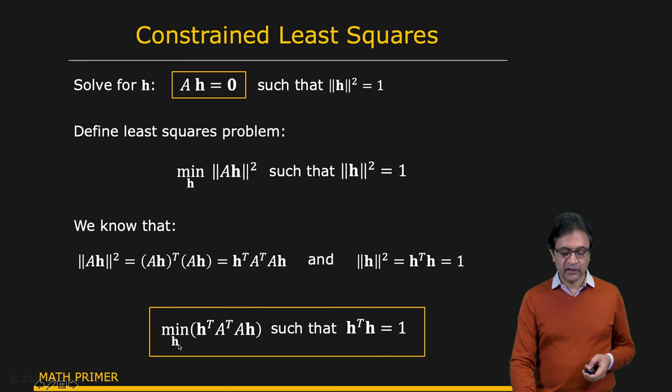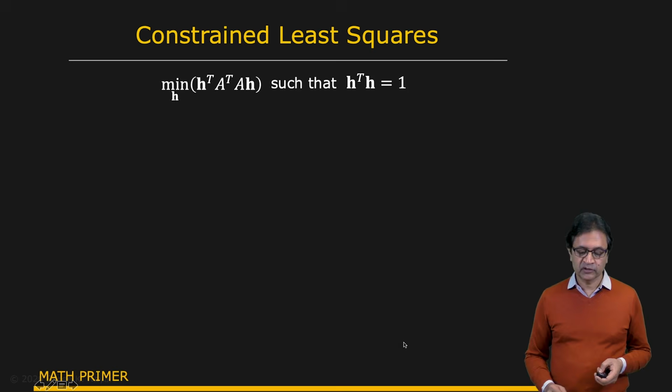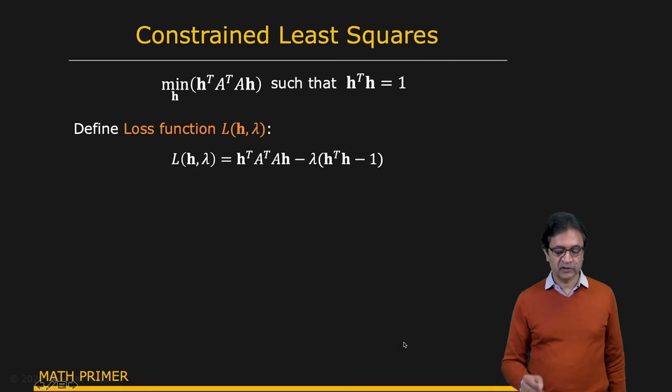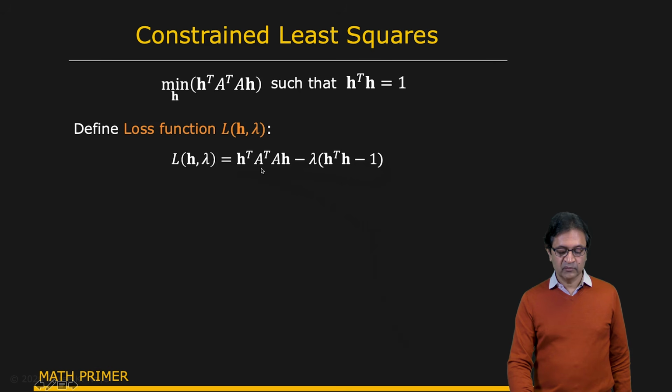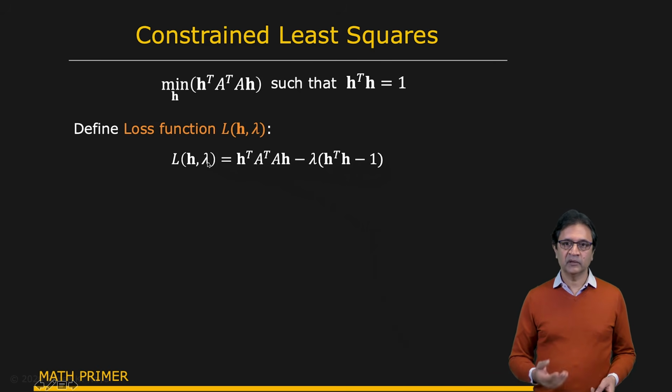We want to find the H that minimizes this such that this is true. So for this, we can define a loss function L. So this is the loss function. These are those 2 terms here, and we're putting them together by saying this minus lambda times this is your loss function, and we want to find the H that minimizes L.